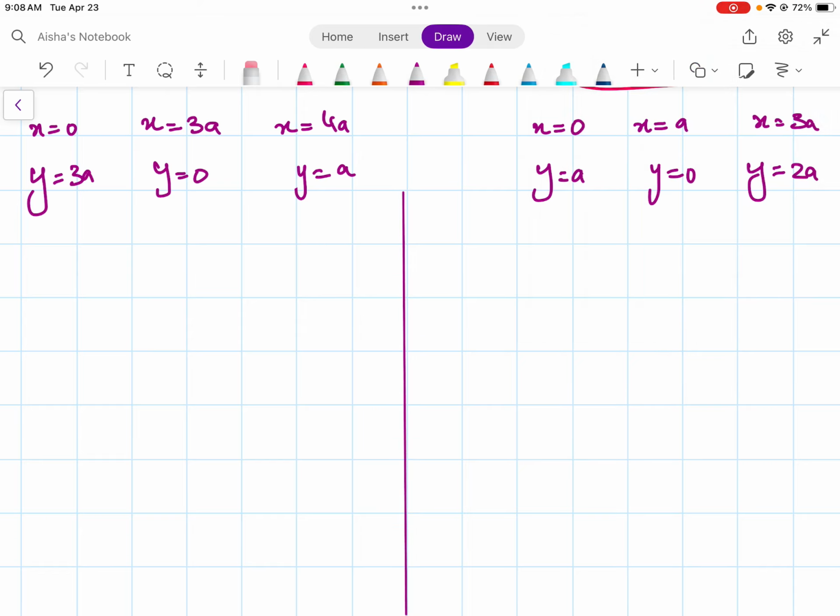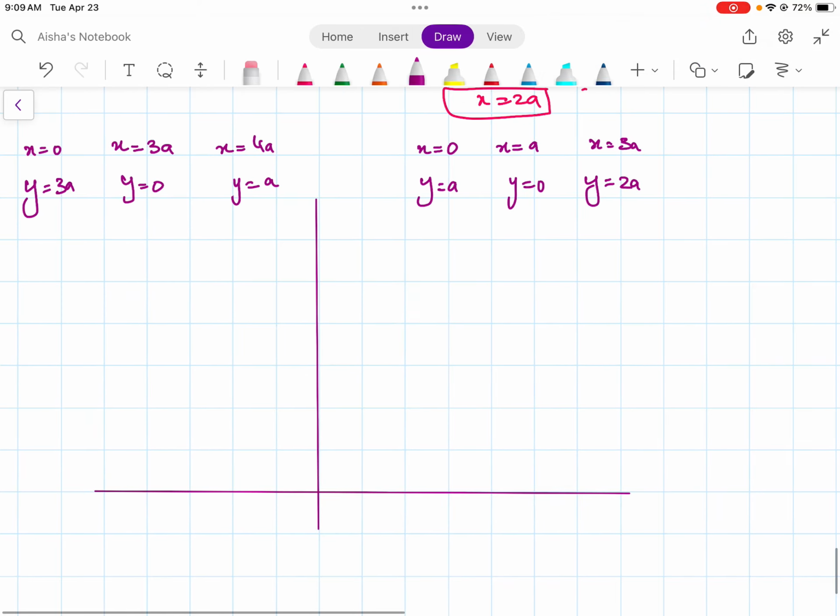I'm teaching you the sketching because they can also give you a question to directly sketch this in terms of a. Okay, so let's take this as a, 2a, 3a, 4a. At 0 it is 3a, at 3a it is 0, and at 4a it is a.